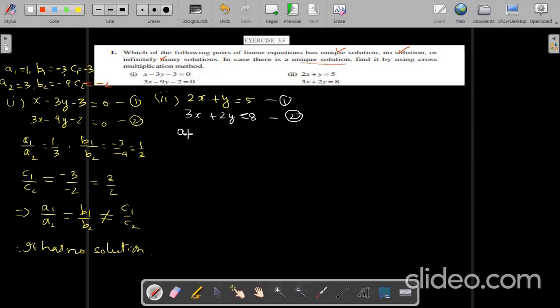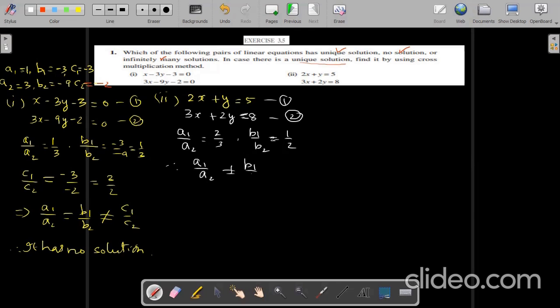So now we will check a1 upon a2 is equal to 2 by 3 and b1 upon b2 is 1 by 2. The coefficient of y is 1 here, so 1 by 2. So they are not equal. Therefore, a1 upon a2 is not equal to b1 upon b2.